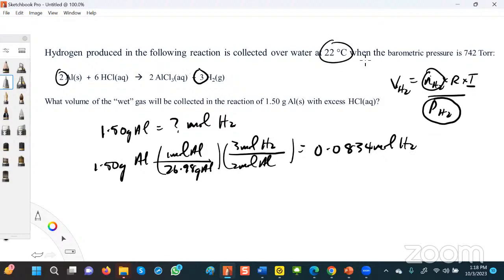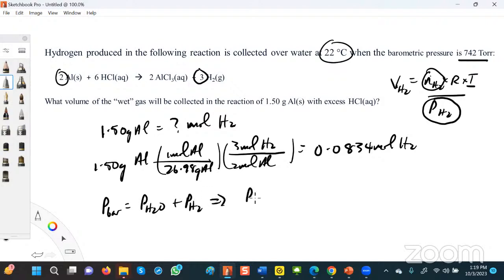According to the question, the barometric pressure is 742 torr. And remember, we said from the previous slide that the barometric pressure, P bar, is equal to the vapor pressure of water plus the pressure of the gas being collected, which in this case is hydrogen.